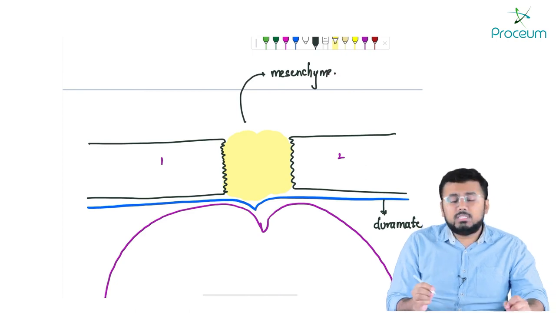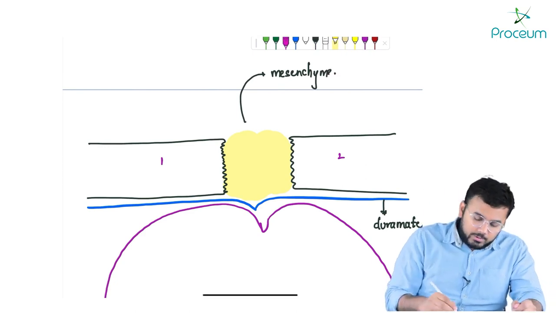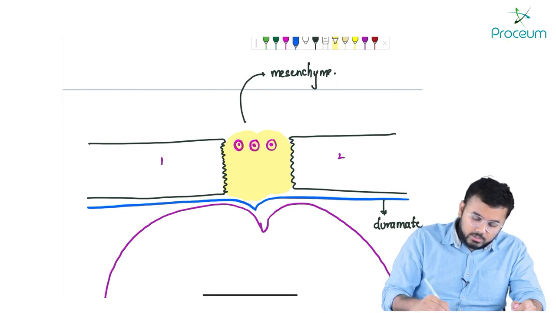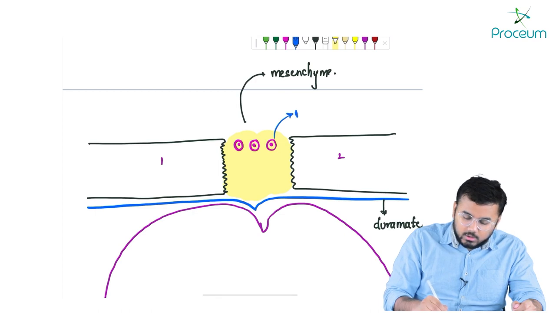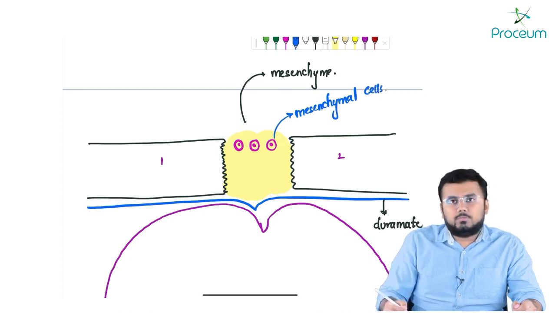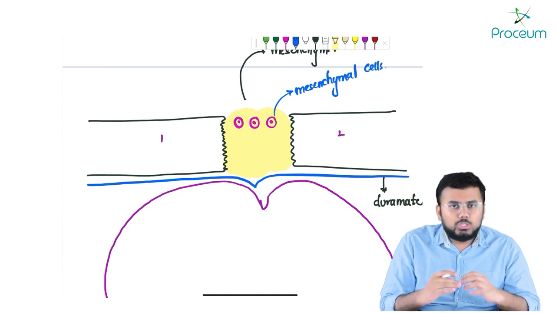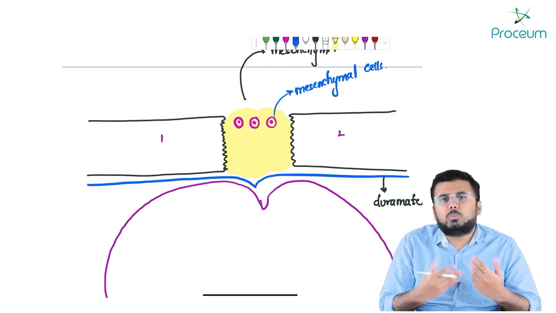What does mesenchyme consist of? Mesenchyme consists of cells called mesenchymal cells. Let me draw three mesenchymal cells over here. Now, how is the suture fused? How is this process taking place?